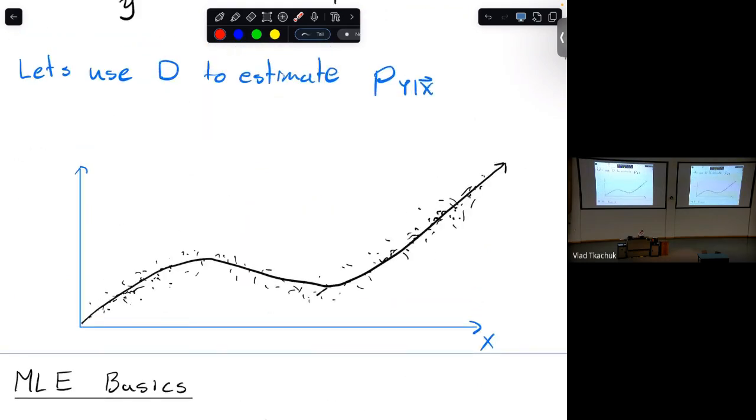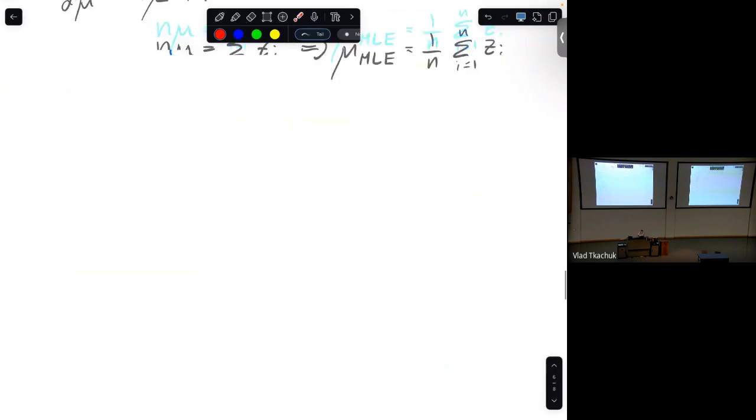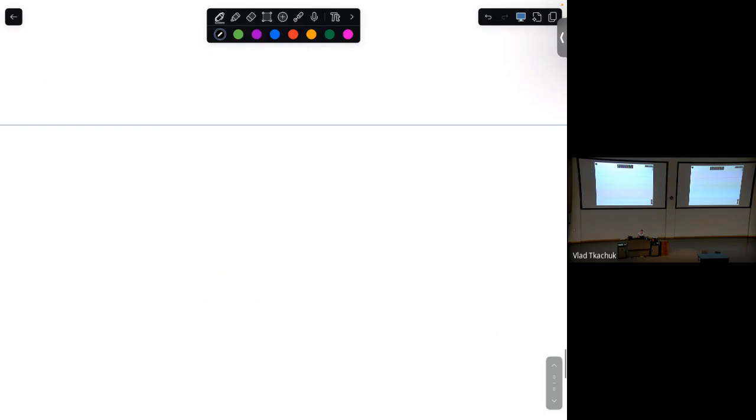And then we're going to plug it into that integral and see what our estimate of f Bayes is. So that's our goal. We're estimating little p, the density of y given x. And we're going to use maximum likelihood for now.